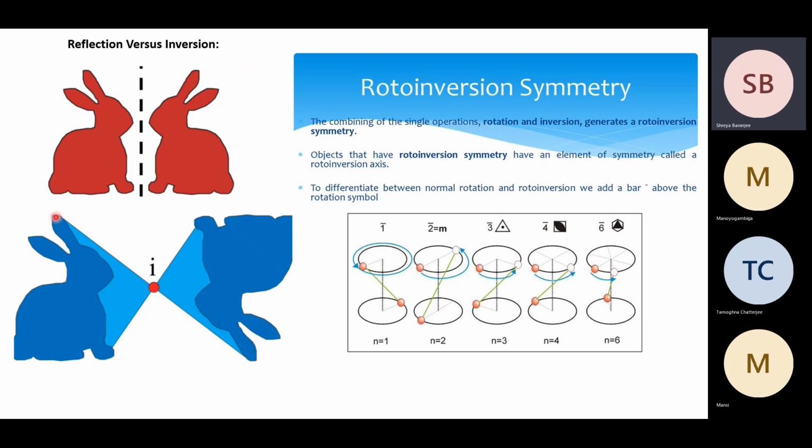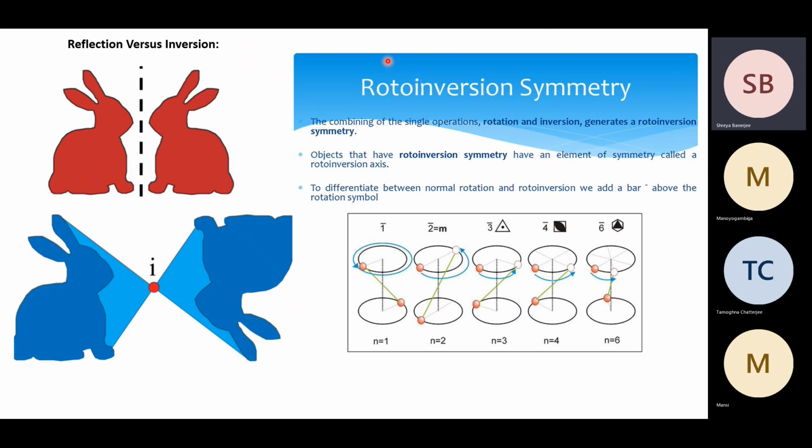So if you start from one ear, go to the same distance in the opposite side to get the other ear, then you will call this an inversion operator. So if you carry out the inversion operator on this rabbit, you can get a rabbit which is facing the opposite direction, because every point must pass through the inversion point to have the same point on the opposite side.